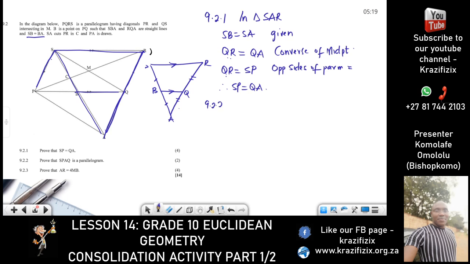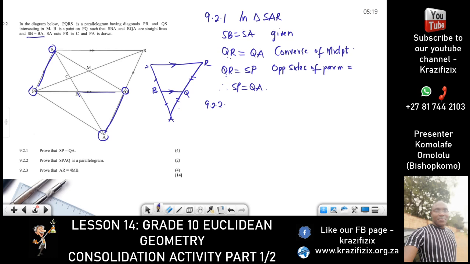9.2.2. Prove that SPAQ is a parallelogram. SPAQ. Let me erase this. SPAQ. Oh, by the way, remember that this line is already, we're told, parallel to this line.